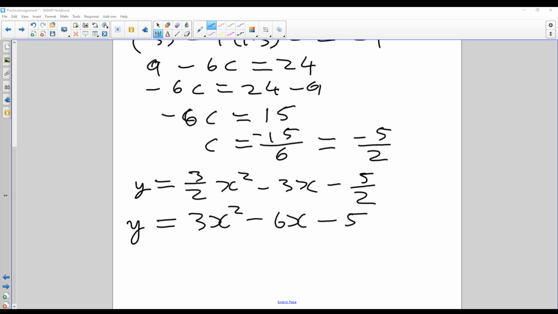So if I go to mode and equation, then I go to 3, which is the quadratic equation, I can put in my A, my B, and my C. So in this case, my A was 3. My B is minus 6. And my C is minus 5.